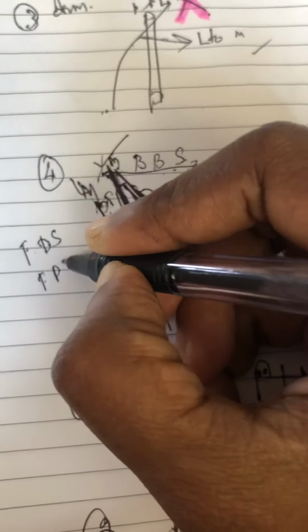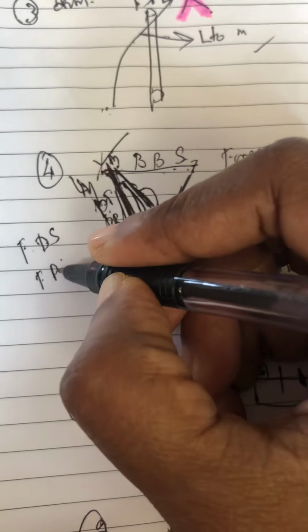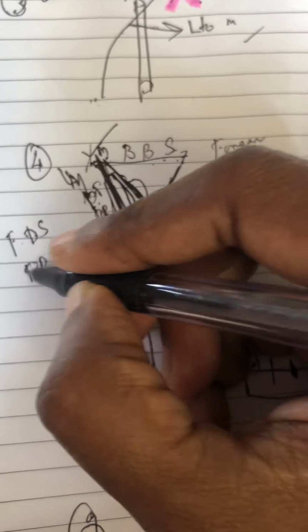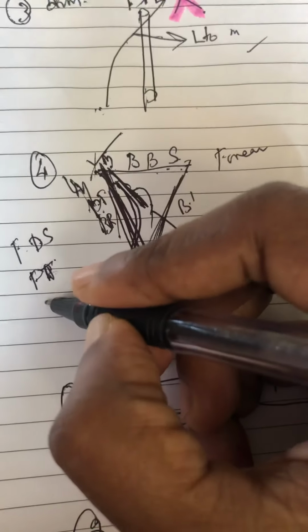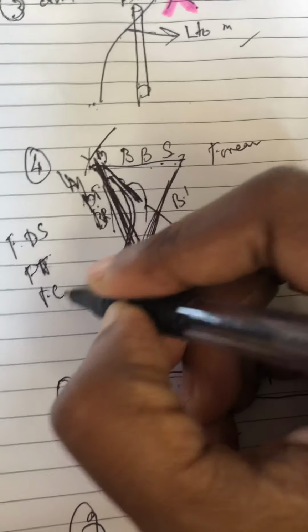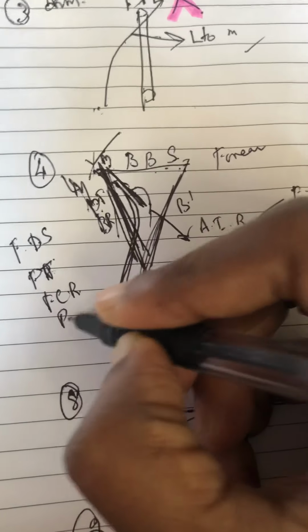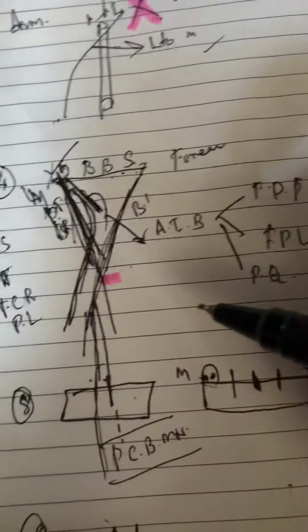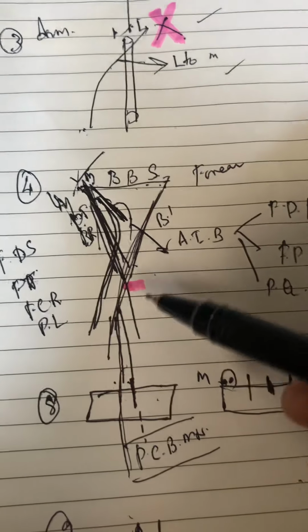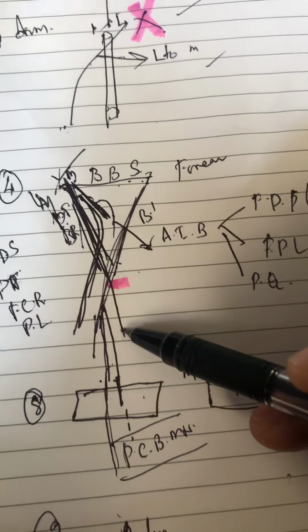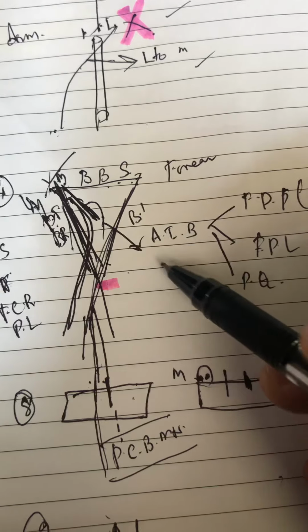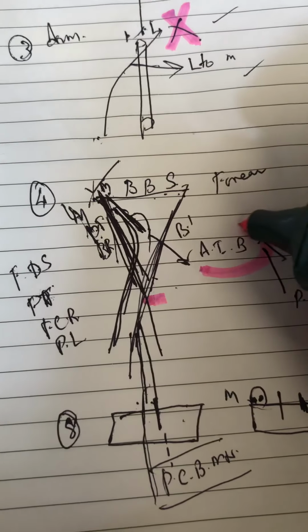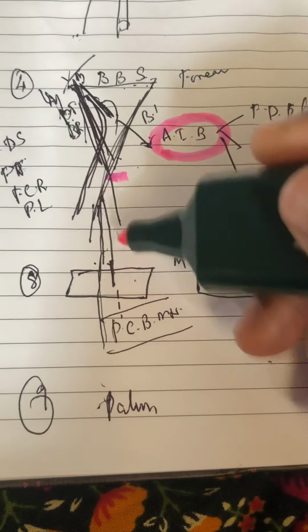All these muscles are supplied by the main branch of the median nerve. Next it gives one important branch, the anterior interosseous nerve. Do not forget the anterior interosseous nerve. It comes here and supplies the deep muscles.